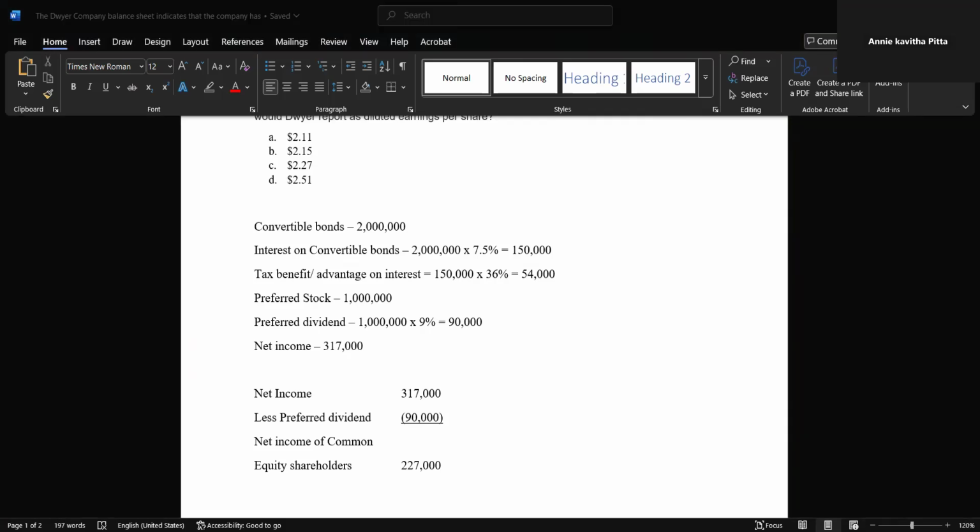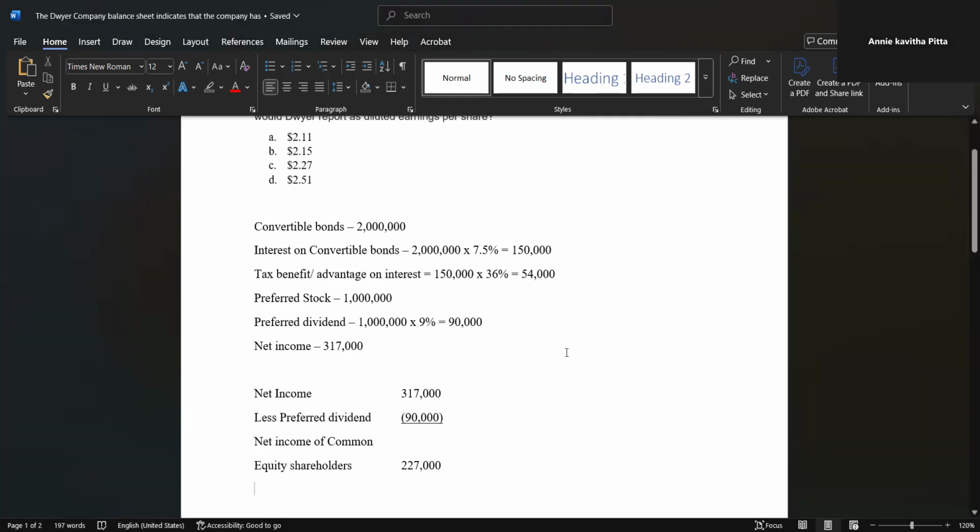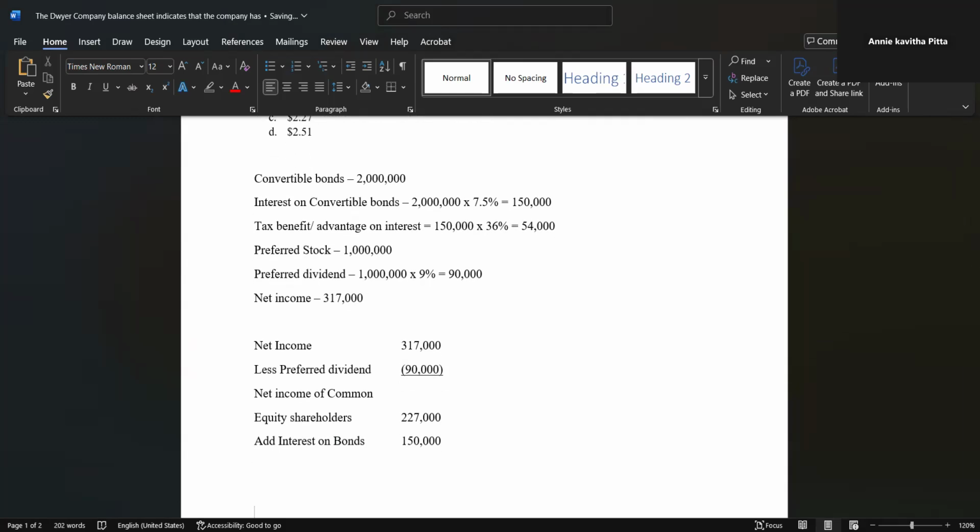Whatever interest was earlier deducted now has to be added back: interest on bonds, which is 150,000. The tax advantage they enjoyed will no longer be available. Tax benefit at the rate of 36% on 150,000 is 54,000, so that has to be adjusted.